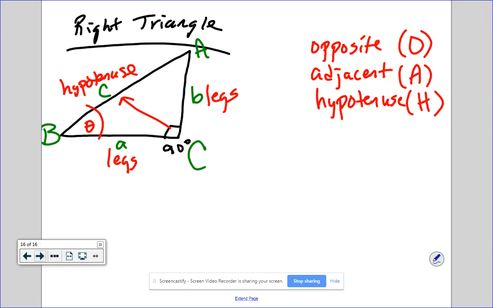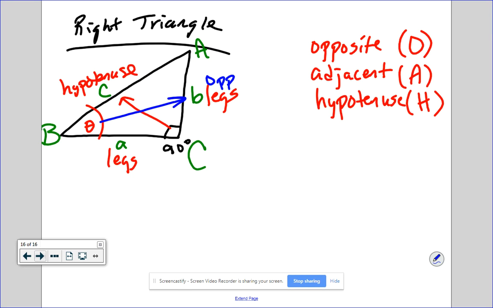Side B, right? Another way to know: I put in my tick mark to mark my angle, my little arc here, and I draw two lines in every right triangle I do. I draw from the angle to the opposite side, so I know here B is opposite. And I also draw from the corner of the right angle straight out so I know where my hypotenuse is.